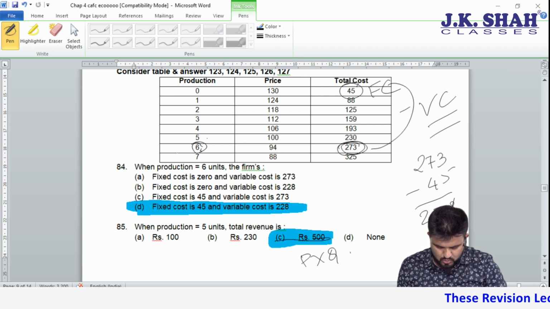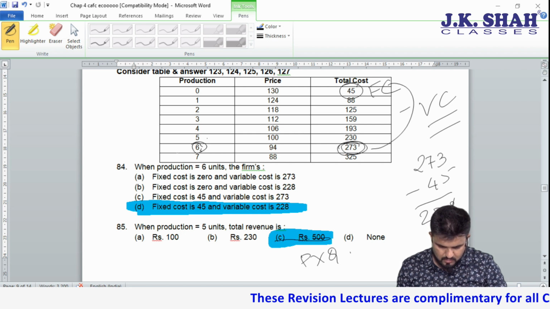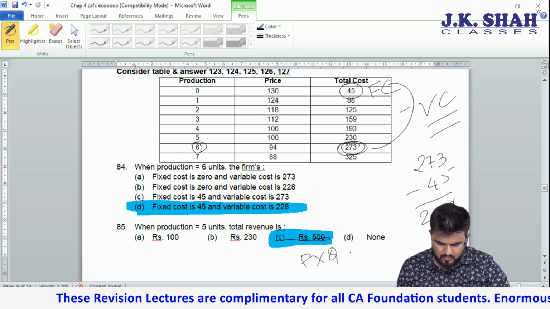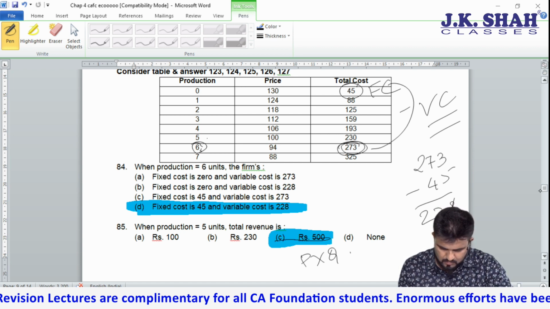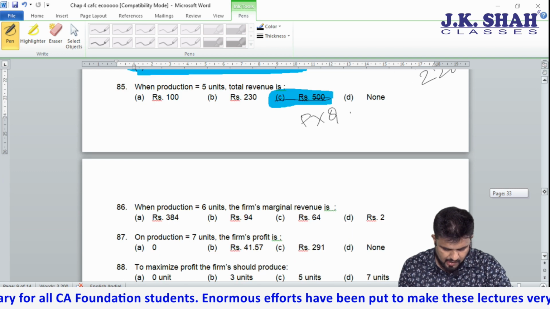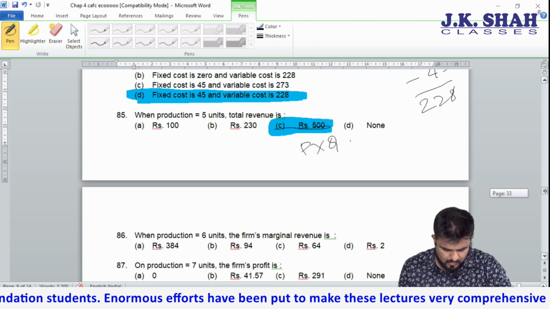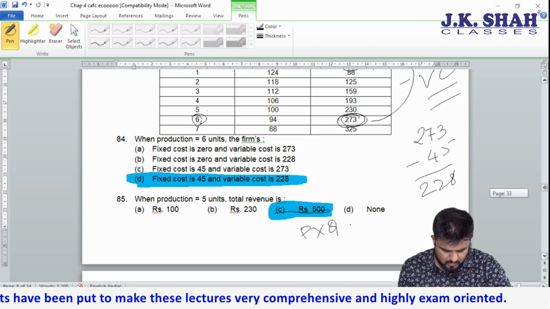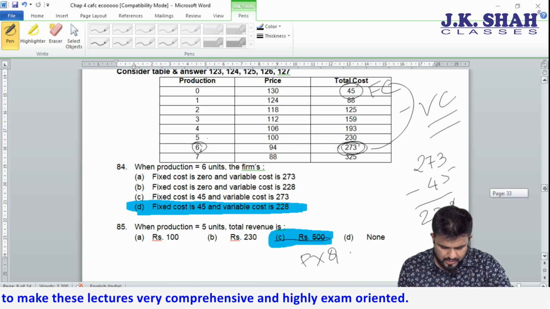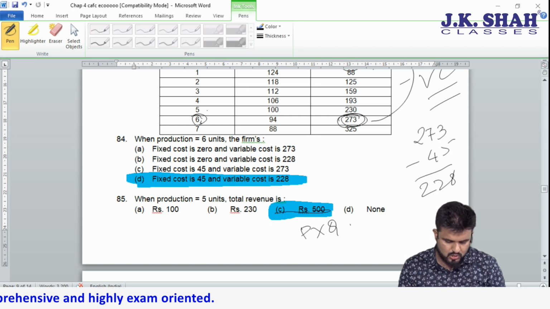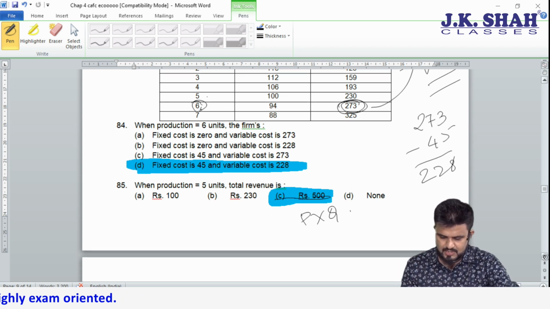273 minus 230. What they have given in the option. Okay, 273 minus 230. 43 is the answer.